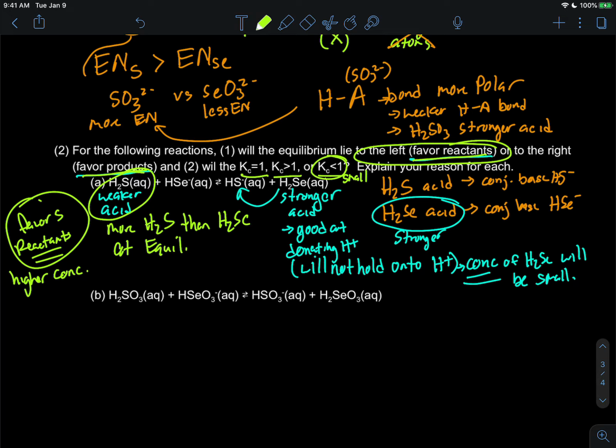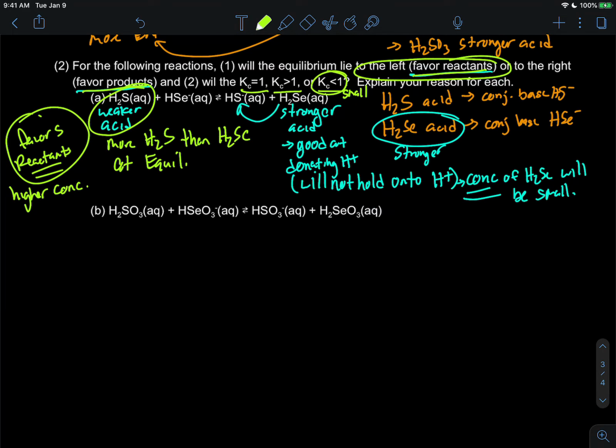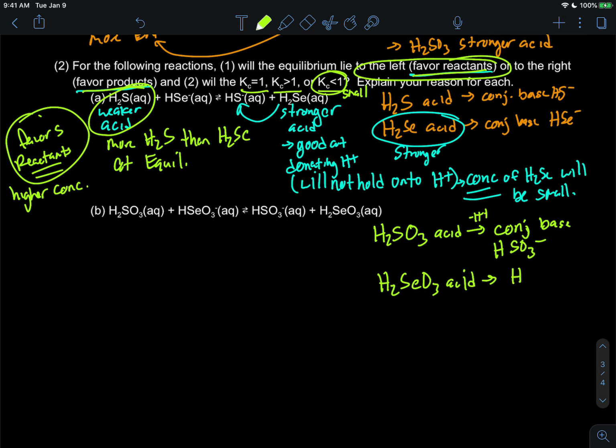Now let's go ahead and apply this to our other grouping of acids that we have, H2SO3 versus H2SeO3. And again, let's go ahead and label our acids and conjugate bases. So here we have H2SO3 would be an acid. Its conjugate base would be HSO3 minus, right? We take away an H plus. Then we have H2SeO3 is our acid, and we go ahead and take away an H plus, and we get HSeO3 minus.